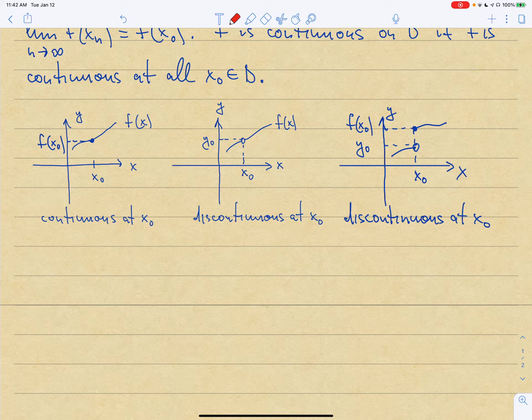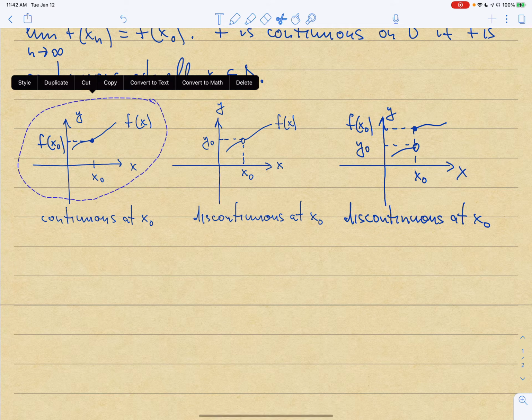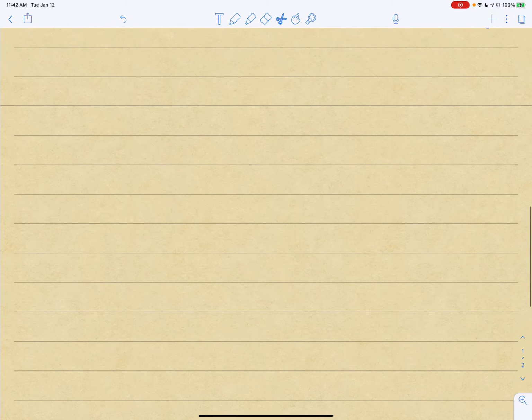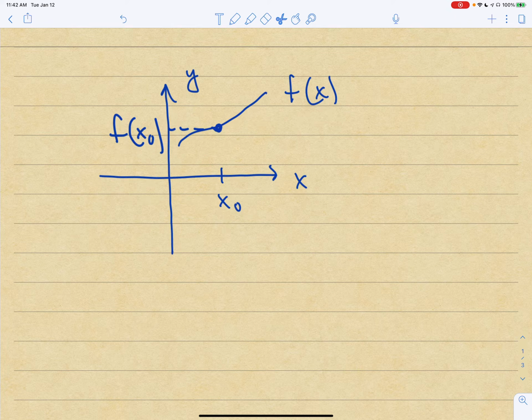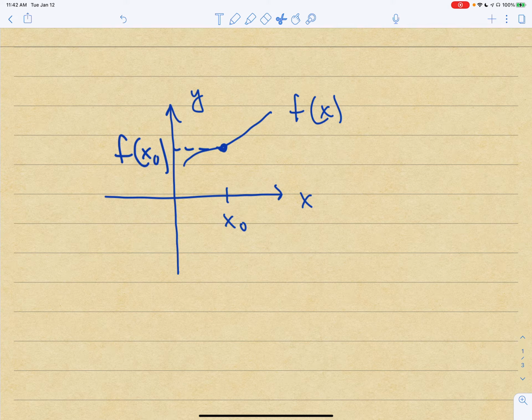In fact, let me zoom in on this graph. So let's choose any sequence of x's that goes to x0, right? So the red is going to be that sequence of x's.